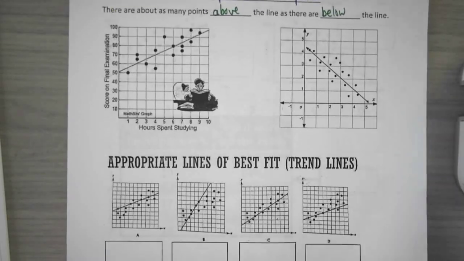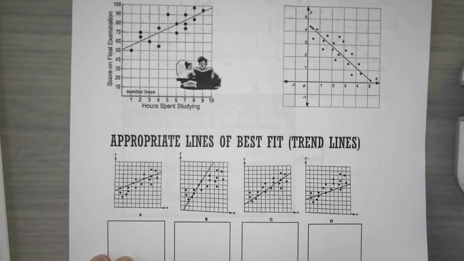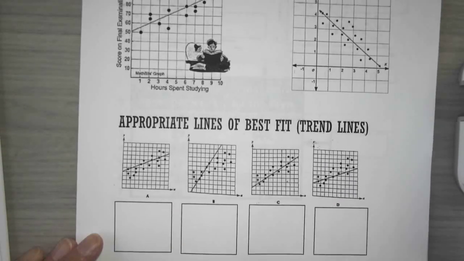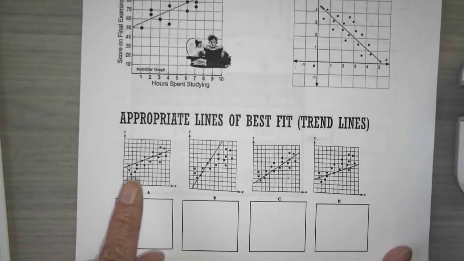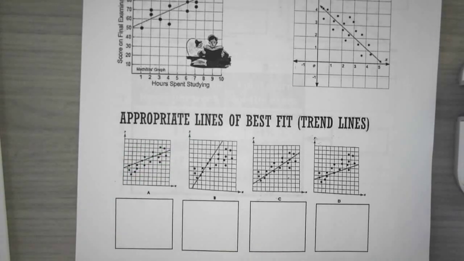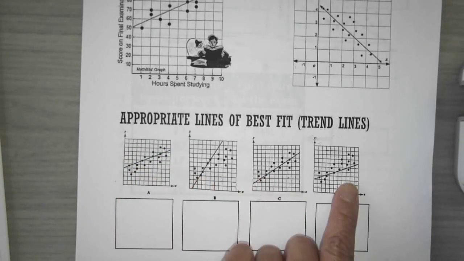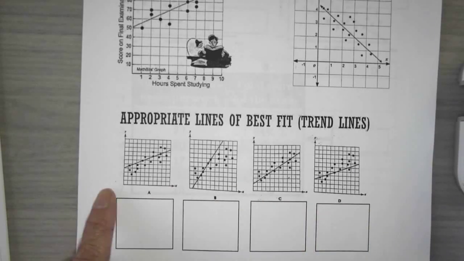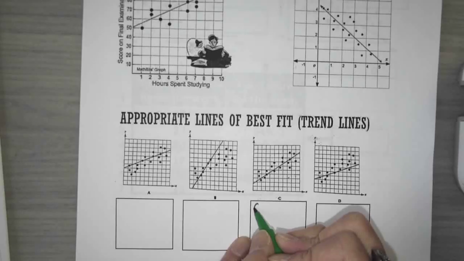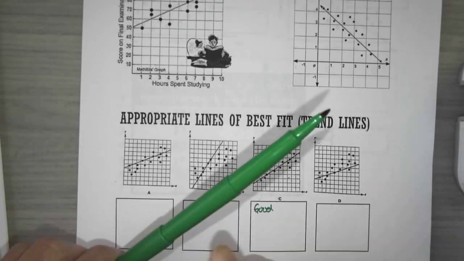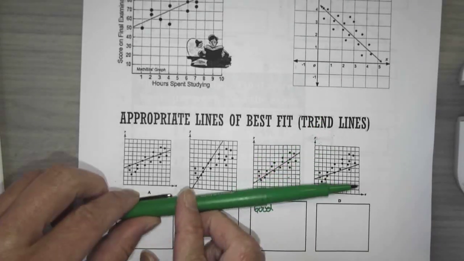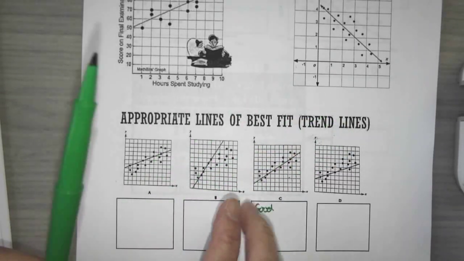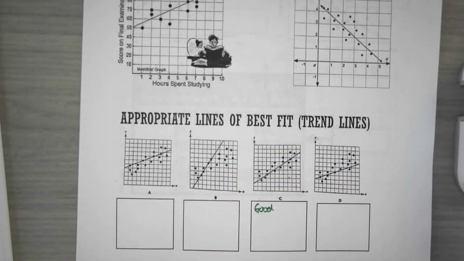Okay, so if you look here, appropriate lines of best fit, these are trend lines. So I want you to analyze these and tell me if they're good or not good. Is this a good place to draw my line of best fit? Compare, look at these. Which one is good? Or which ones are good? This one is the only good one. Because look, it's walking through the dots, it's not tilted, it's not above it and not below, and it's following the pathway. So you're trying to walk this pathway.